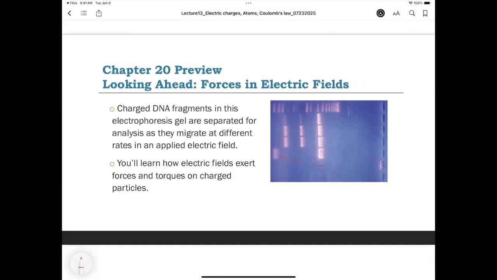This is one application. Because electric fields exist and exert forces, the fragments can be separated for analysis. You will learn how electric fields exert forces and torques on charged particles, also in chapter 20.